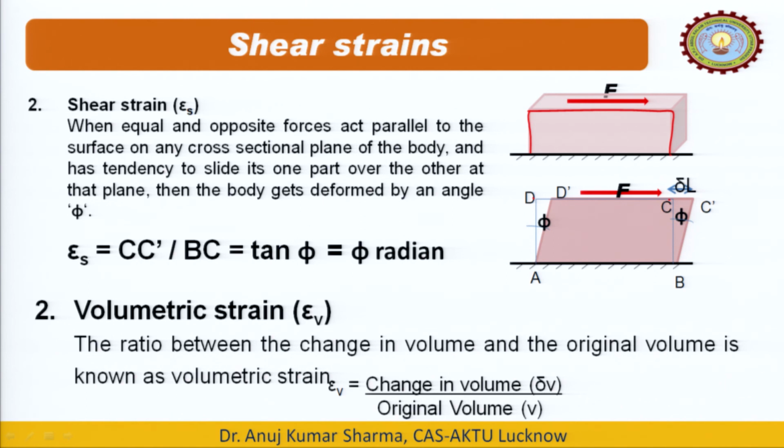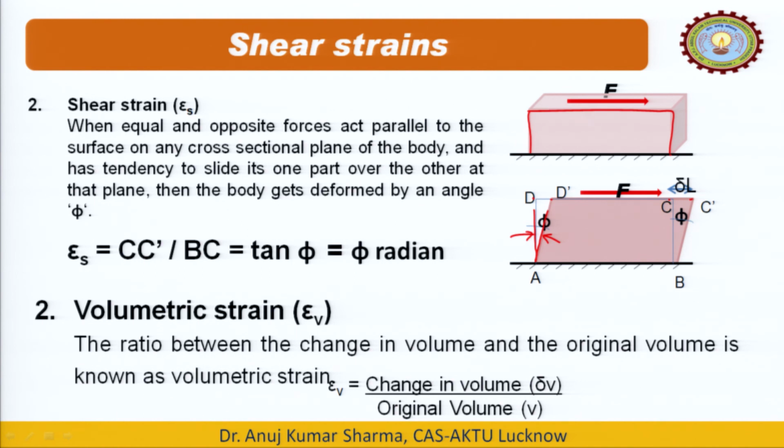When we applied some force, let us say force F, what happened to this plane? The point D was shifted to D dash, the point C was shifted to C dash, and some deformation happened to this object. If we measure that deformation in the form of an angle, we get the angle phi. This is the shear deformation.